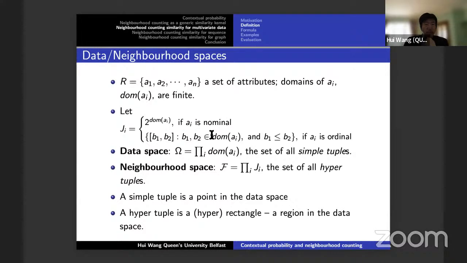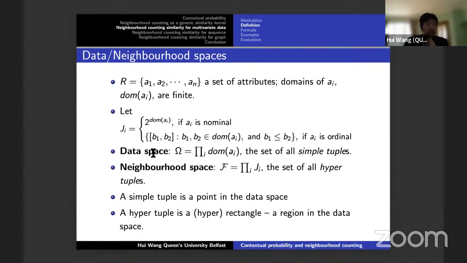But if the attribute is ordinal, then we define this quantity to be the set of all possible intervals. So this is the set of all intervals that can be defined in the domain.